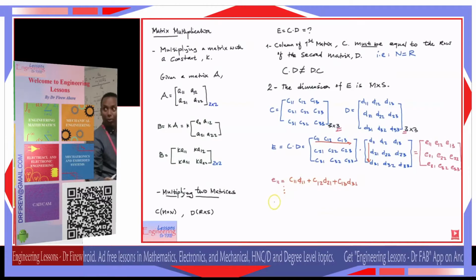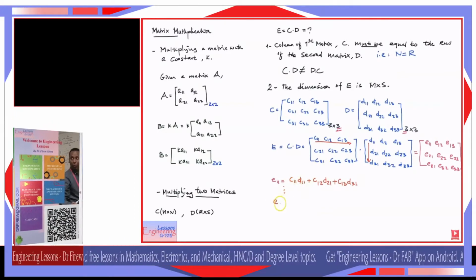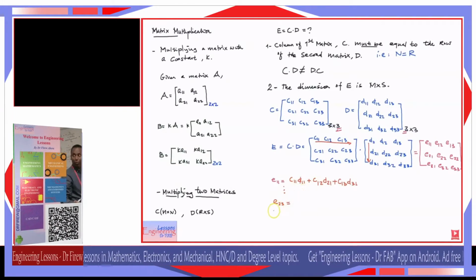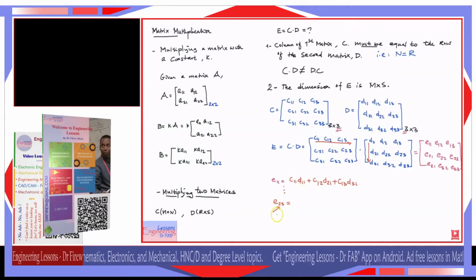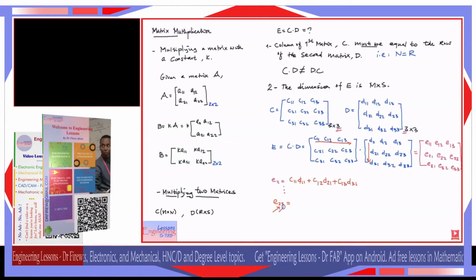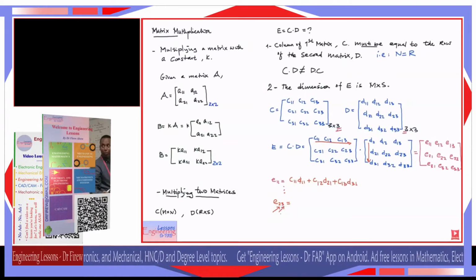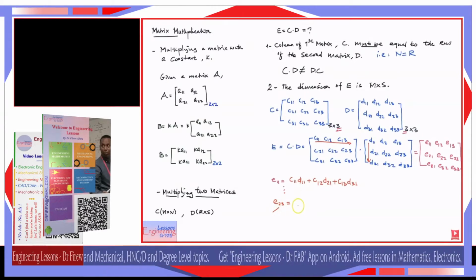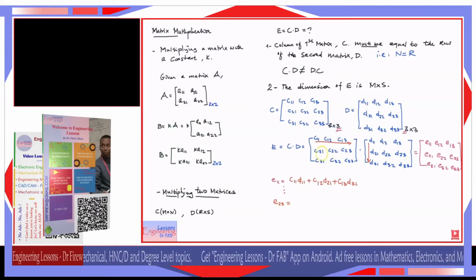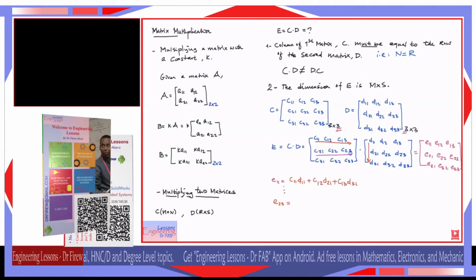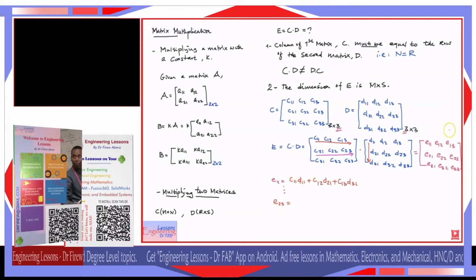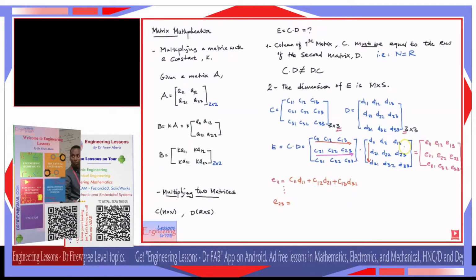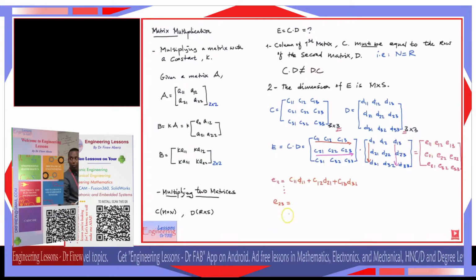And let's work for E23. E23 will come from the second row of the first matrix multiplied by the third column of the second matrix. So we are looking at those two.